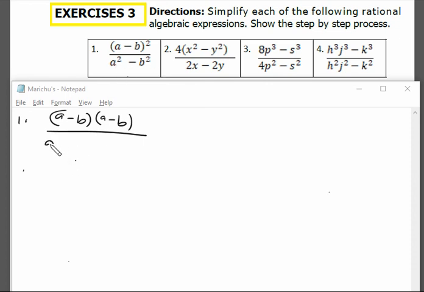So the factors are a plus b, quantity, and also a minus b. So this is just easy. To continue, we have here, the final answer would be a minus b all over a plus b. Let's proceed with number 2.